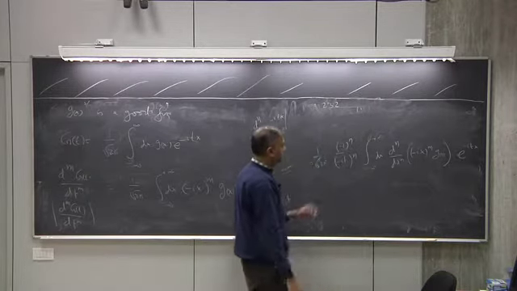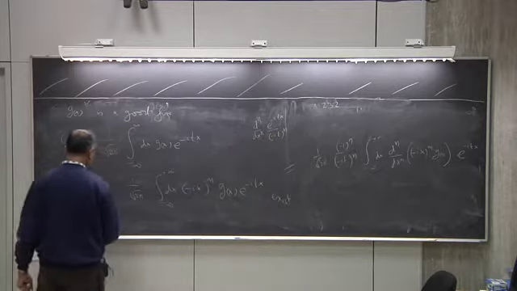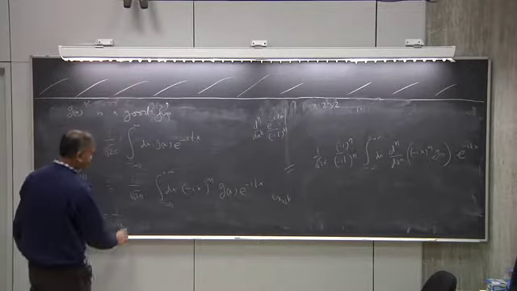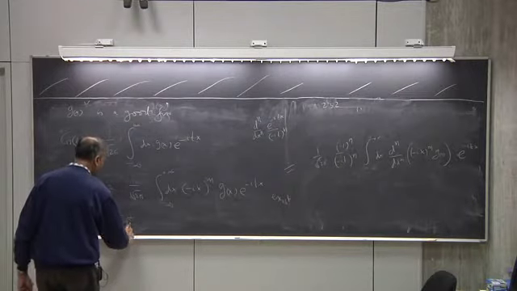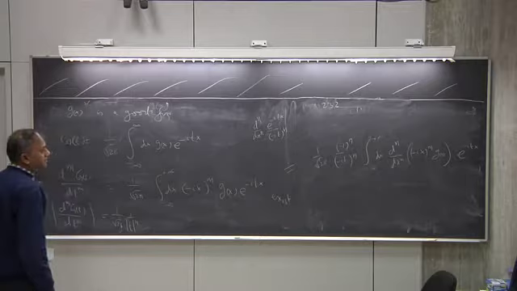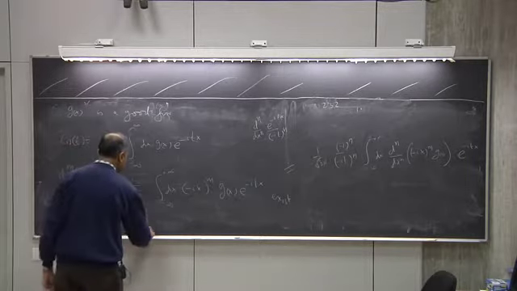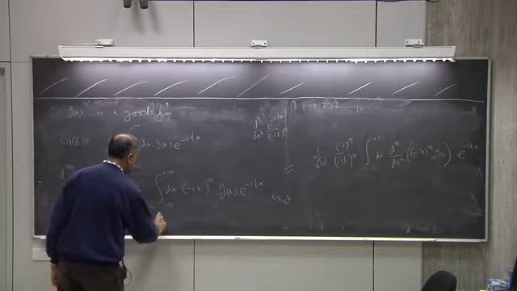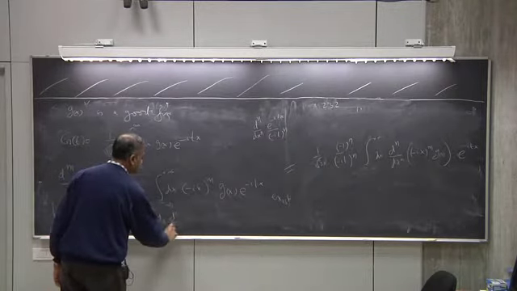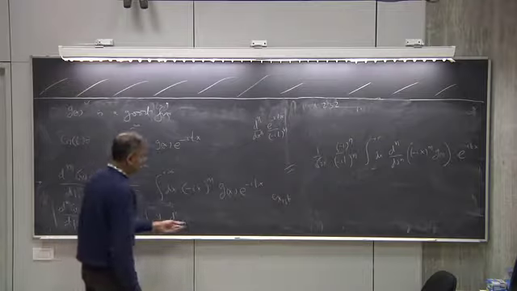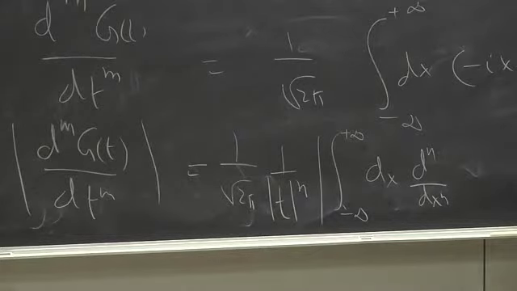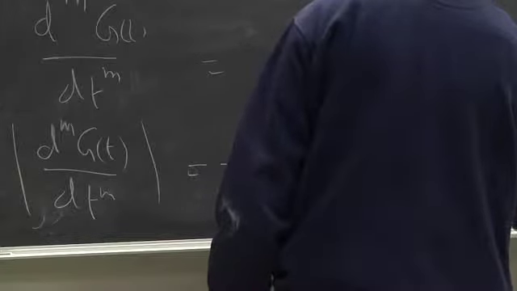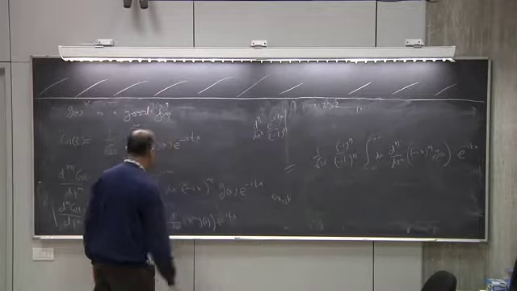So you find this is equal to 1 over root 2 pi, 1 over modulus of t to the n, times the modulus of this integral dx d^n by dx^n of x to the m g of x e to the minus itx.